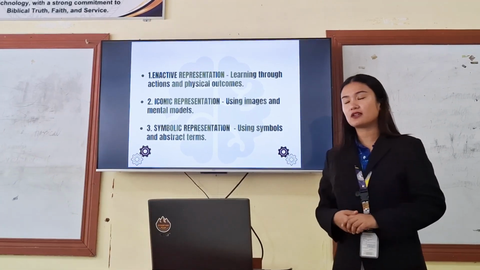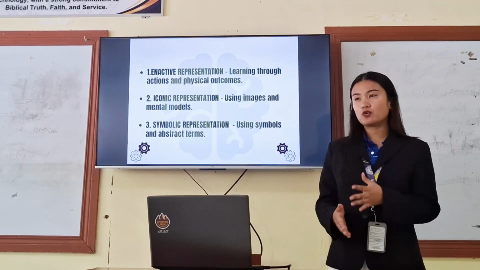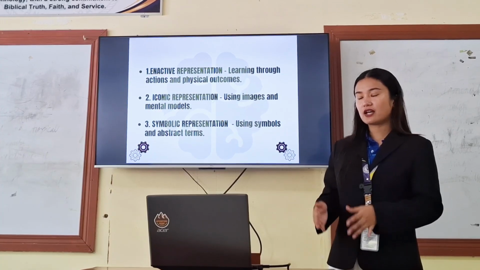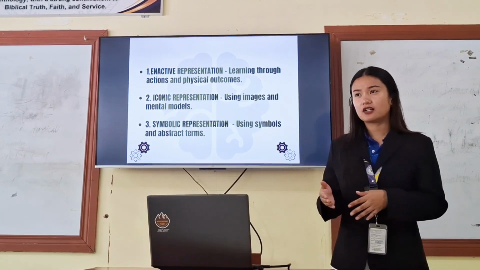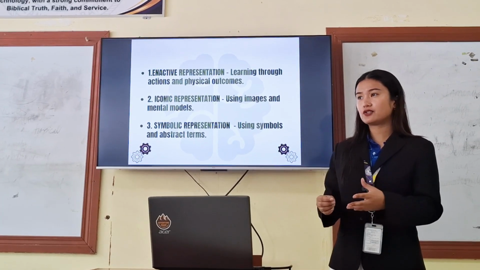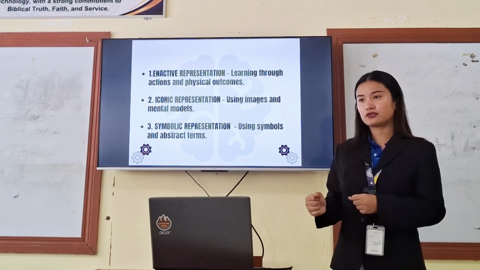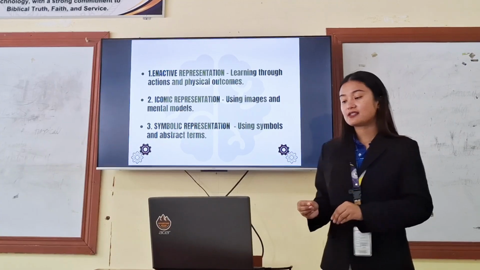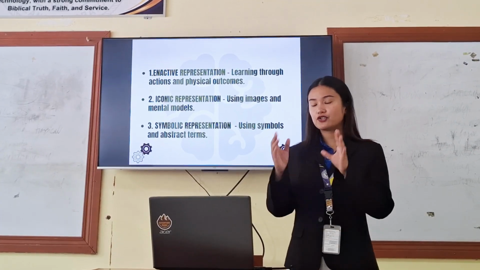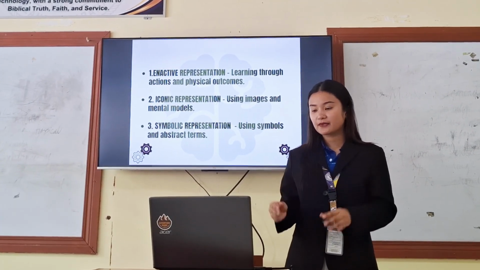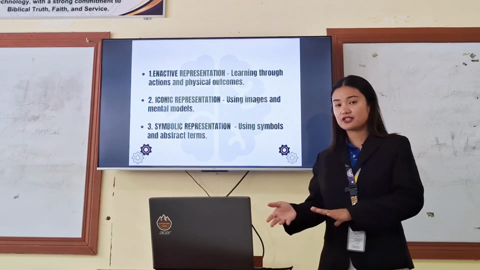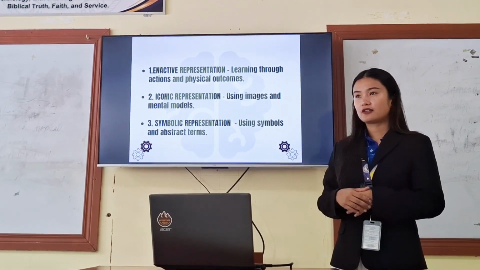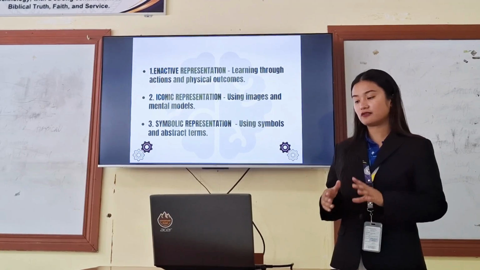For example, you saw a map and you want to go to a particular place, so you visualize what street you need to take to get to that place. You visualize that map. That's the iconic representation. These are images and photos that you can actually visualize.